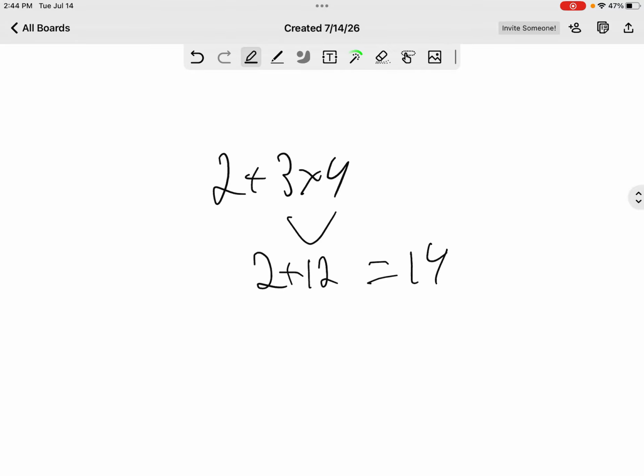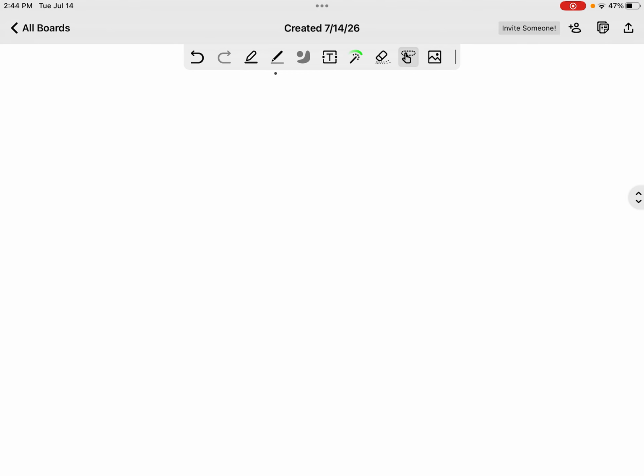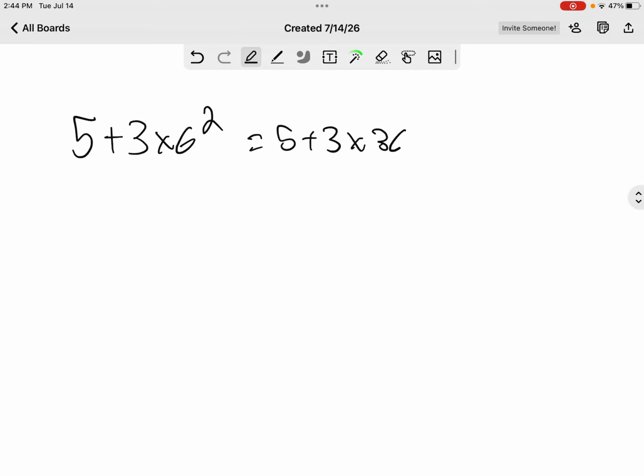Here are a couple of examples to help you better understand. Here, we'll do 5 plus 3 times 6 to the power of 2. The first step is 5 plus 3 times 36, because we do the exponent first.